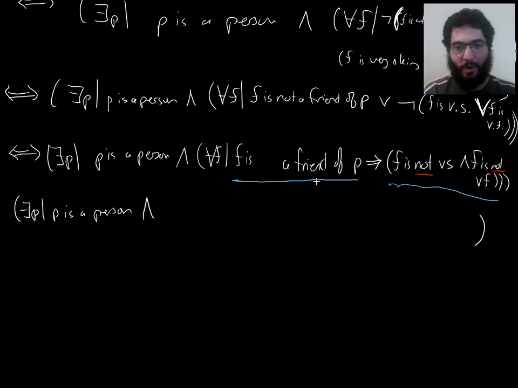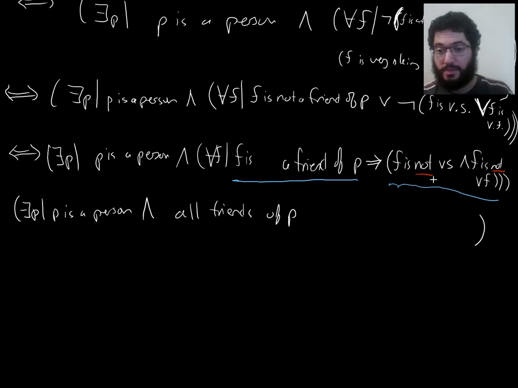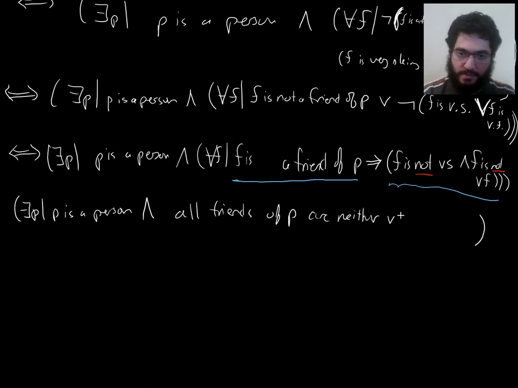In other words, all friends of P have this property, which is that they are both not very skinny and not very fat. So maybe I can say it like this, are neither very skinny nor very fat. Meaning they are both not very skinny and not very fat.